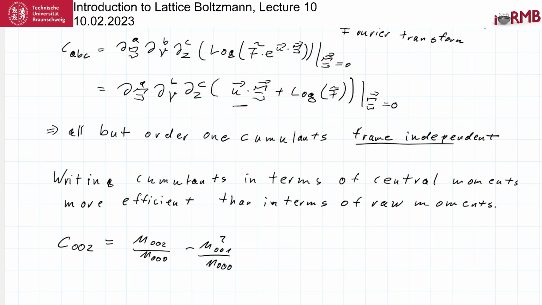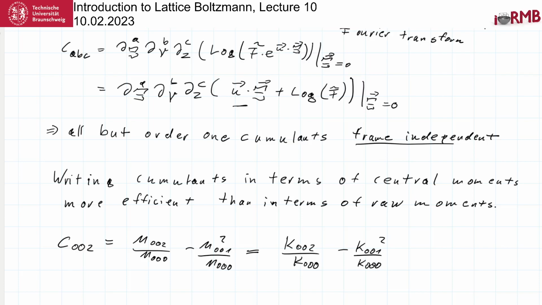This is actually pretty simple. Because the cumulants don't care about the frame of reference, they can be written in raw moments and central moments exactly the same way. If this is the definition of them in raw moments, then completely equivalently, this here is the definition of them in terms of central moments.